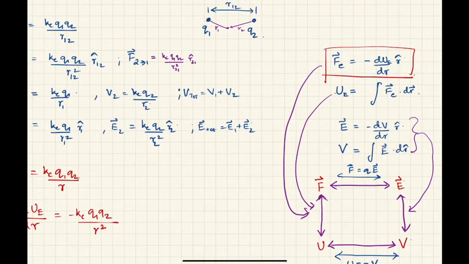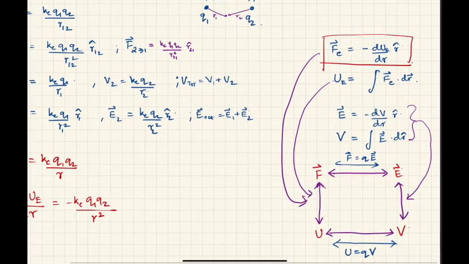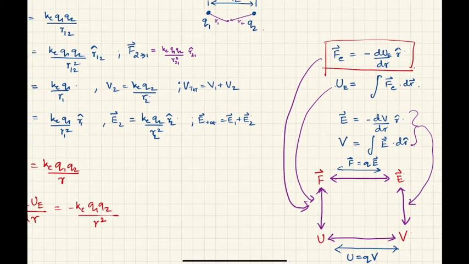Is Q Q1 or is Q Q2? Similarly for the potential and potential energy, does Q correspond to Q1 or does it correspond to Q2? And so that is the subtlety that we're going to try and understand next, and try and understand what exactly goes into how we really translate from either side.